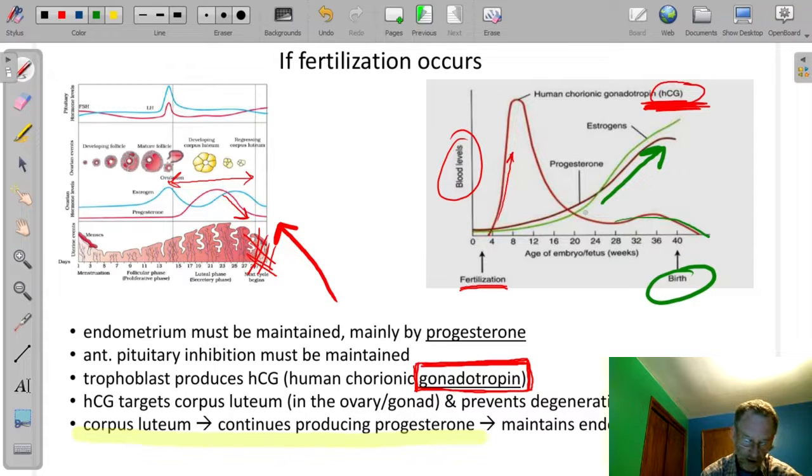So last bullet. Corpus luteum continues producing progesterone, maintains endometrium, let's say for approximately the first trimester.